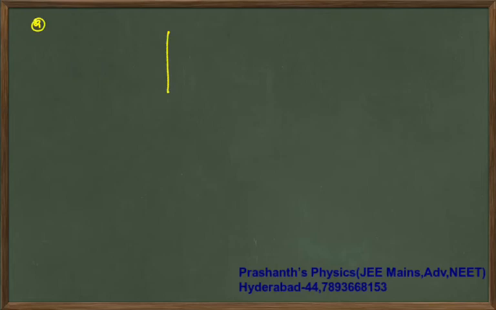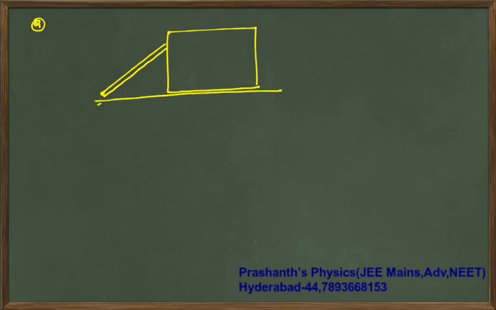you have the surfaces like this. This angle is theta, V1, V2. Find the relation between V1 and V2. In fact, you can give the relation between accelerations as well.